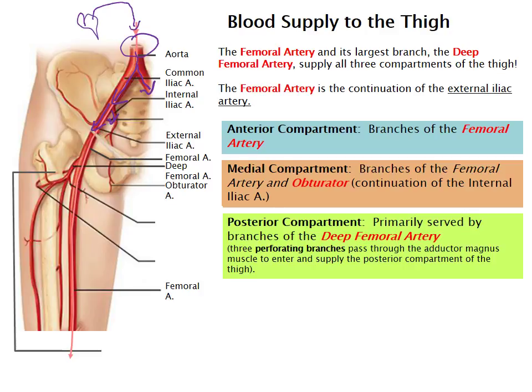And this external iliac is going to cross the inguinal ligament. Here's the inguinal ligament. And once it crosses that inguinal ligament, it then becomes the femoral artery. So here is the femoral artery. And it's very large and it's very vulnerable. It's very superficial.